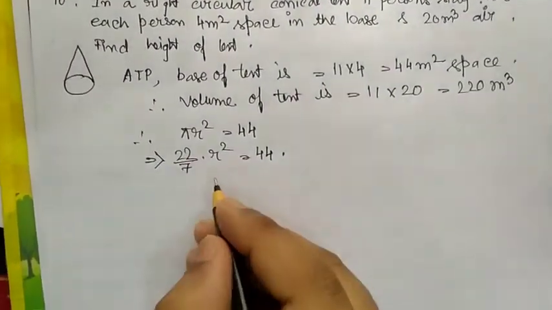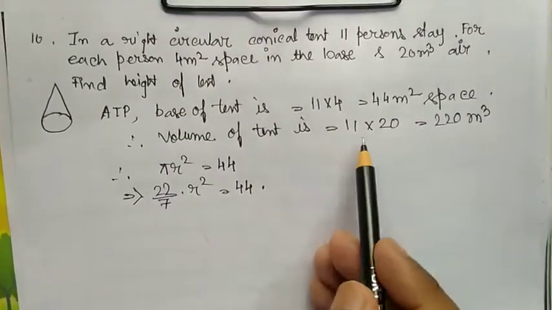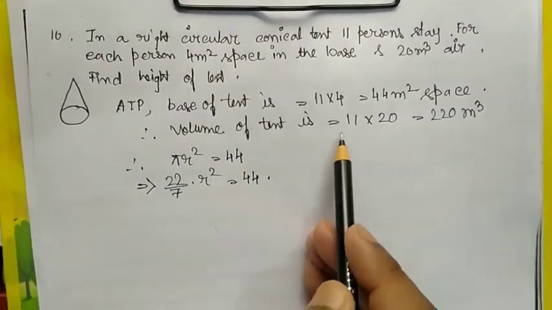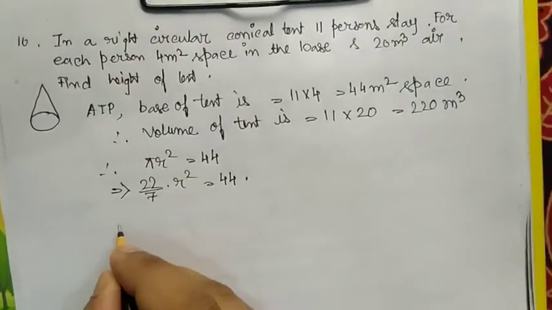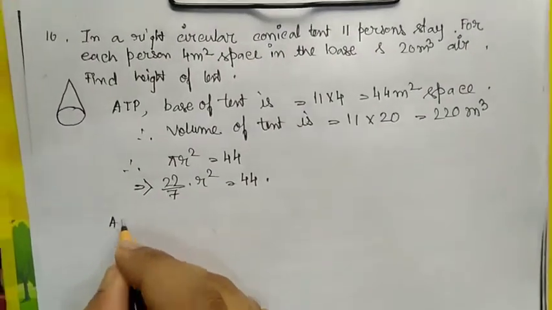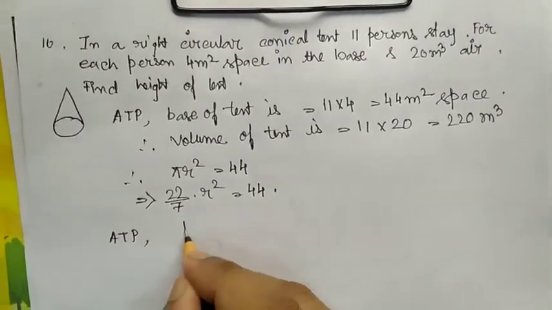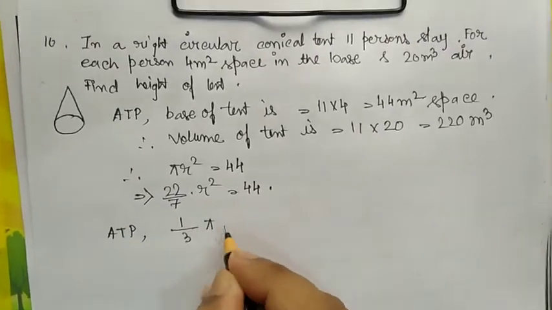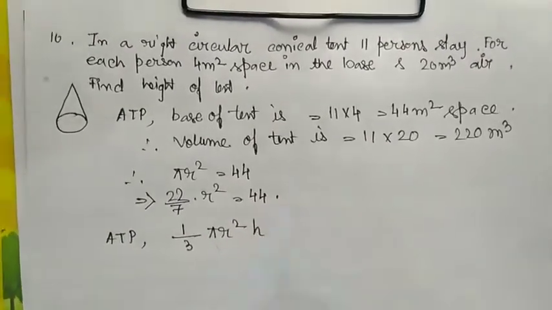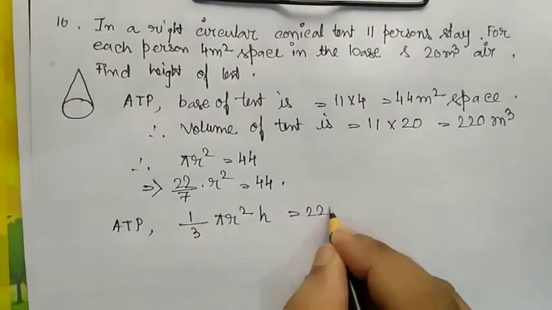Now another thing is, the volume of the tent is 220 meter cube. So according to the problem, 1 by 3 pi r square h equals 220 meter cube.